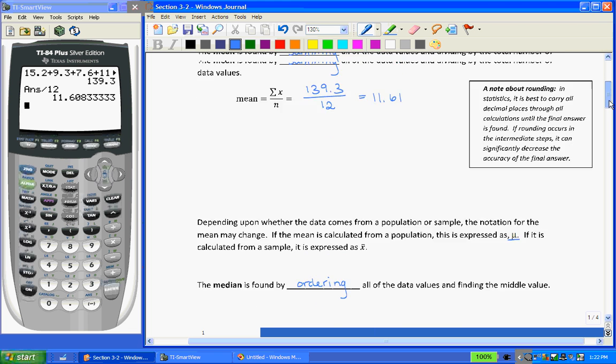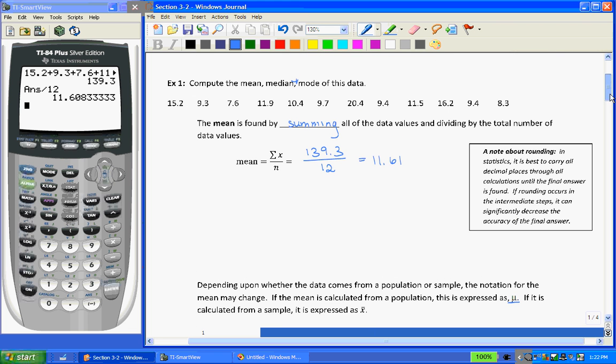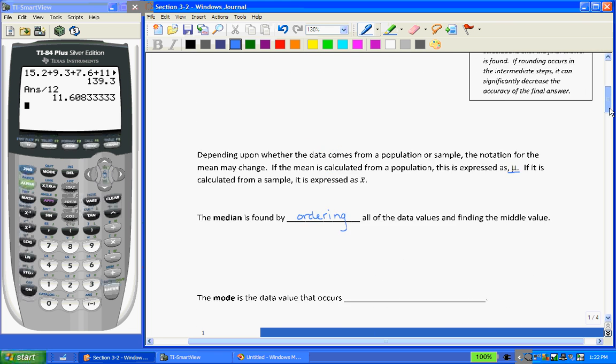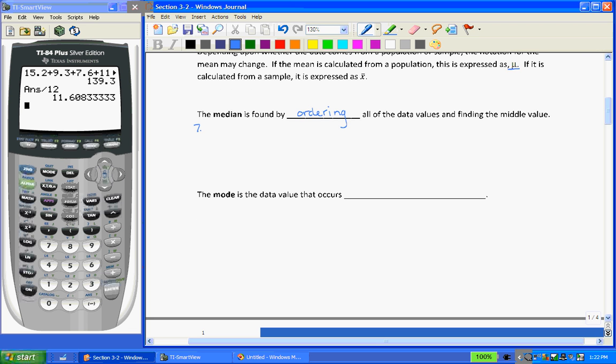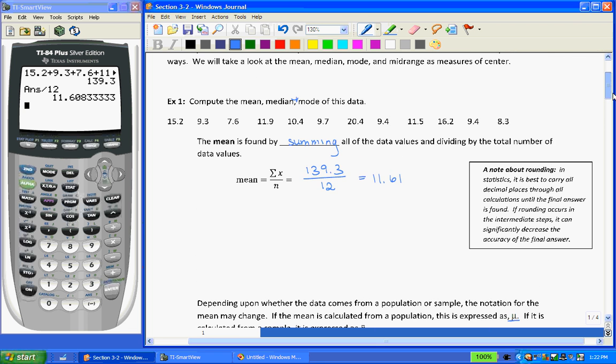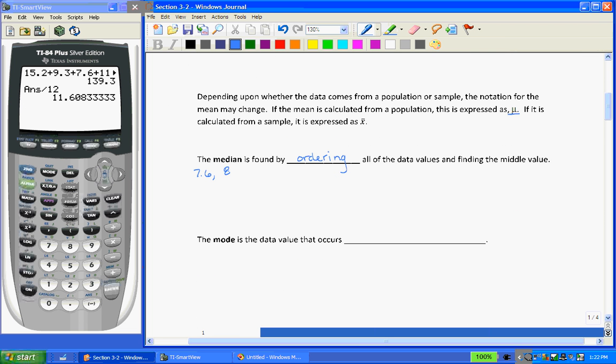So looking back up at our data set, and I'm going to go in ascending order, it looks like our first value is 7.6, and then we have 8.3 next, then 9.3, and a few more values here, and then 11.5, 11.9, 15.2, 16.2, and finally 20.4.